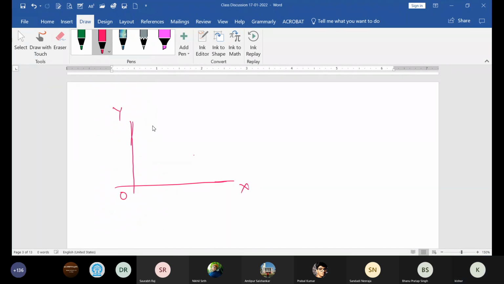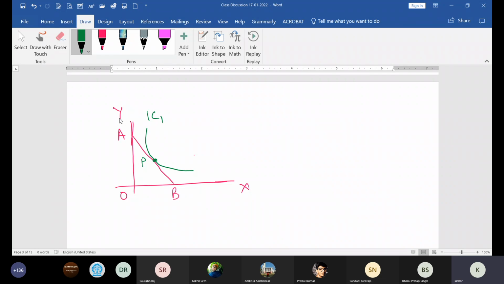X, Y, your budget line is suppose AB, and your indifference curve is something like this. Suppose this is IC1. Equilibrium position is suppose P. Situation is like that.